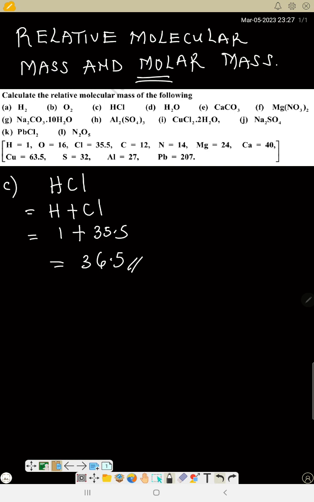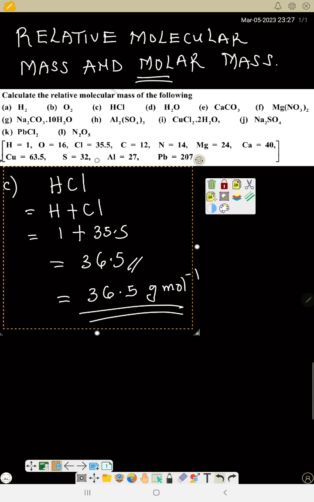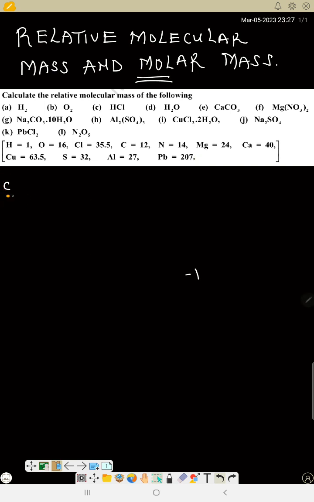Without units, it is relative molecular mass. With units, gram per mole, it is now molar mass. So that's the two. I will not do all, so you can have something to do.